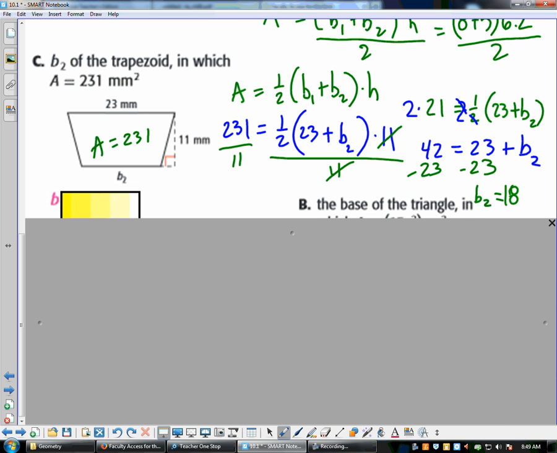Millimeters or square millimeters? Just millimeters, because remember, we're trying to find a side length. Length is linear. Who told me 18? Oh, I misheard. Okay. Good job, Harry. 19 millimeters. Are we okay with this?